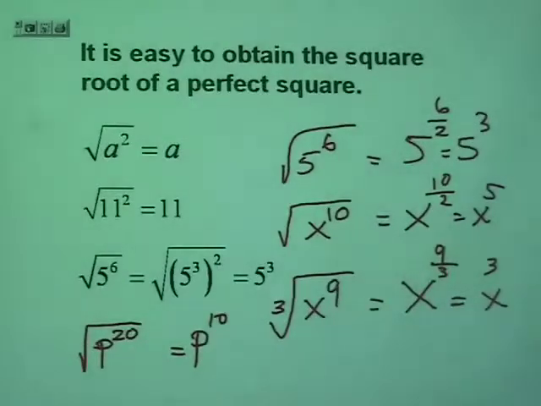Alright, just one more question. What is the cube root of x to the power of 6? That will be x to the power of 6 divided by 3. That is x squared.